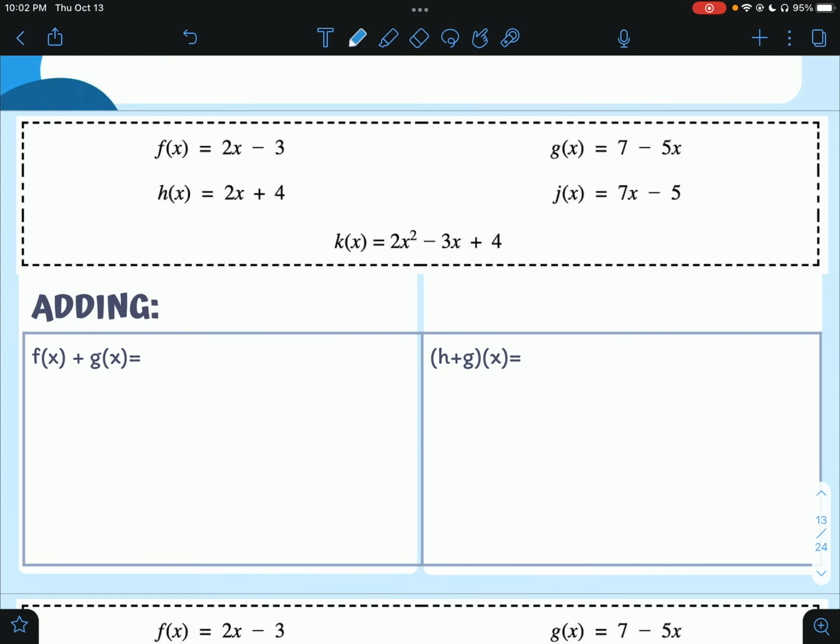If we take these 5 functions, f, g, h, j, and k, first thing is I want to add f plus g of x. Well, we should notice that f of x equals 2x minus 3. So to set this up, where f of x is, we're going to put 2x minus 3.